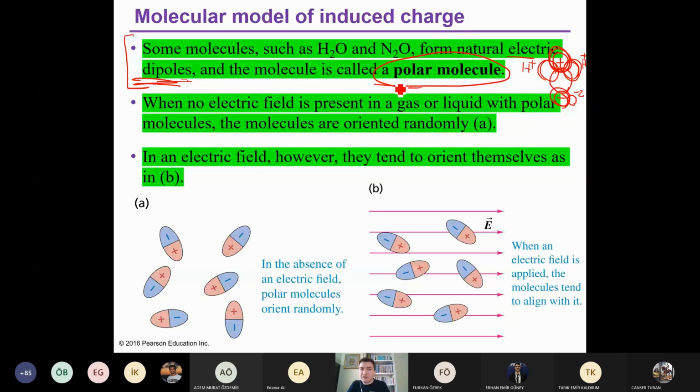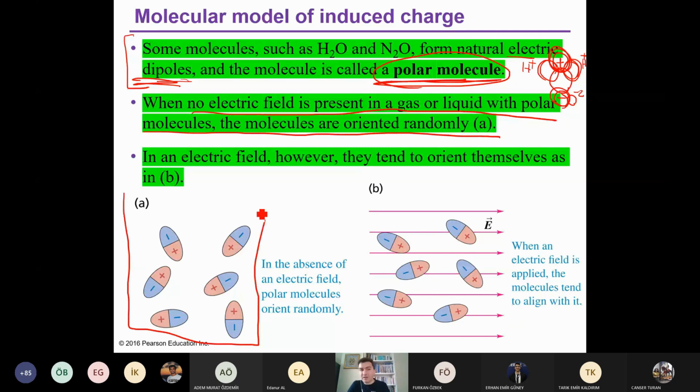When no electric field is present in a gas or liquid with polar molecules, the molecules are oriented randomly. Look at this picture A on the left side. Here we have a water molecule, positive side, negative side, another water molecule, let's say, okay, and there is no electric field. In the absence of an electric field, polar molecules orient randomly. But look at picture B on the right side.